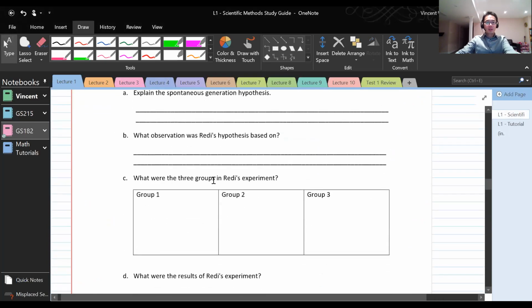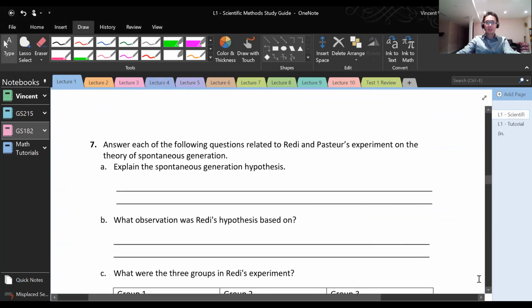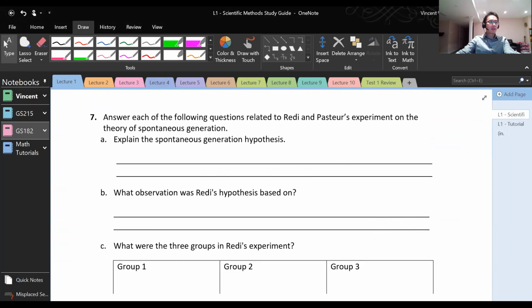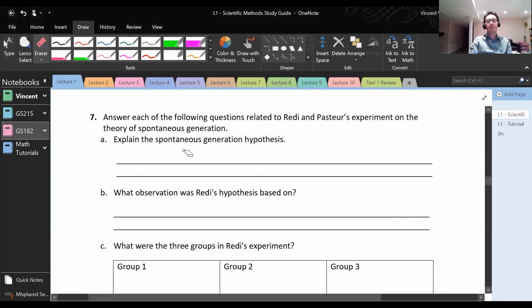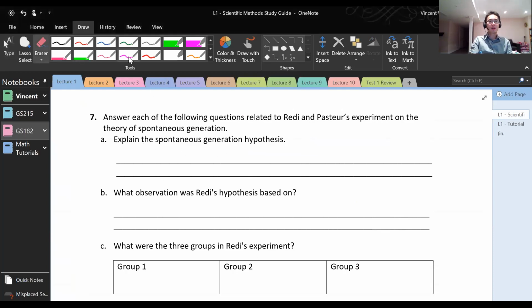Okay, so here we are going to talk about the experiment by Francesco Redi and Louis Pasteur. First, there is the spontaneous generation hypothesis.